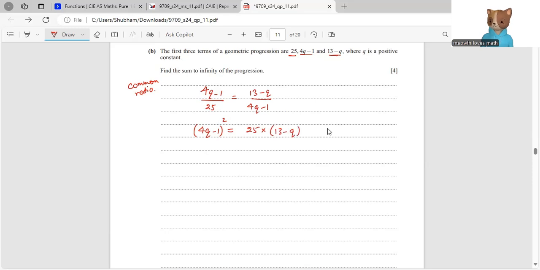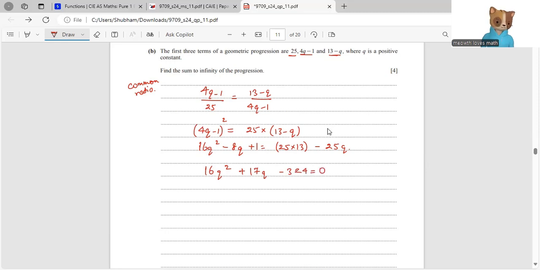Okay. So solving this, we'll get 16q square minus 8q plus 1 equal to 25 times 13 minus 25q. So if you solve this, you'll get a quadratic which will get you 16q square plus 17q minus 324 equal to 0.